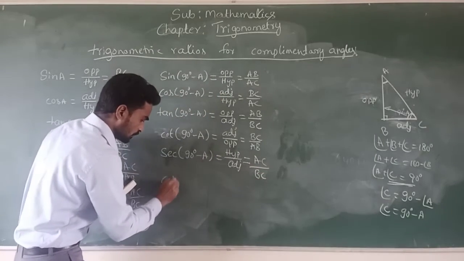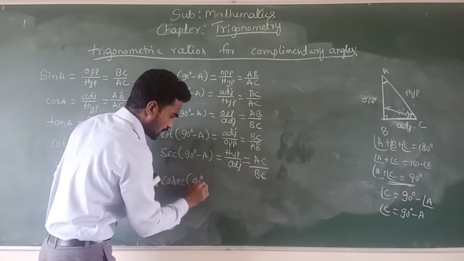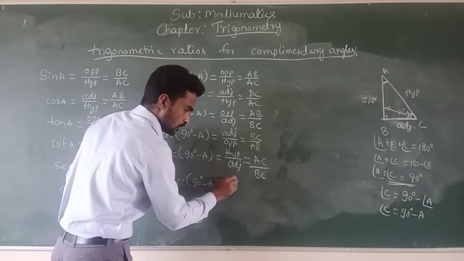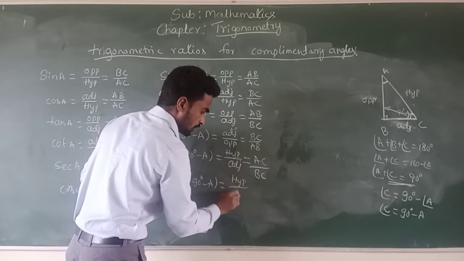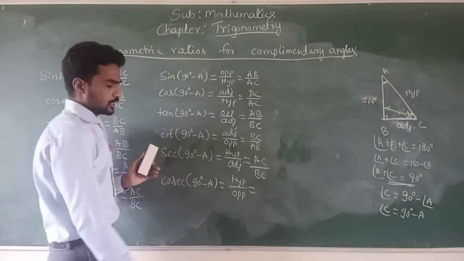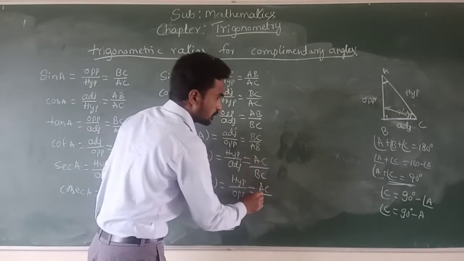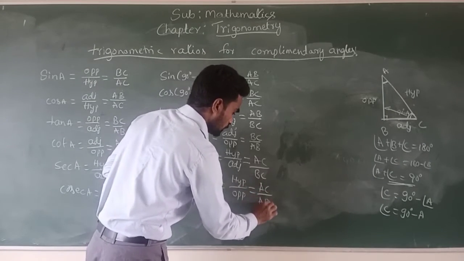Now cosec of 90 degrees minus A is equal to hypotenuse divided by opposite, that is AC by AB.